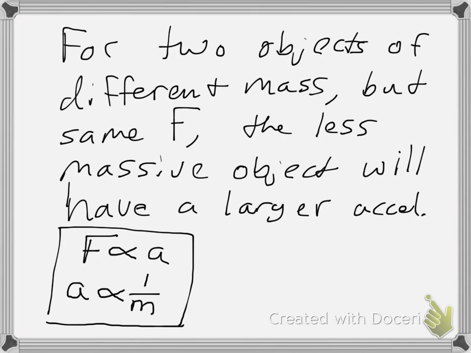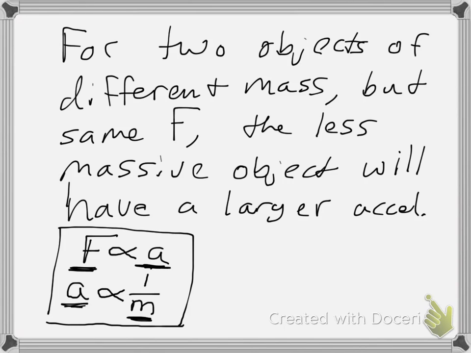Okay? So for any given object, if I apply a larger F, then I'll have a larger acceleration, but for any given object, its acceleration will be inversely proportional to its mass, because the larger the mass, the smaller the acceleration.